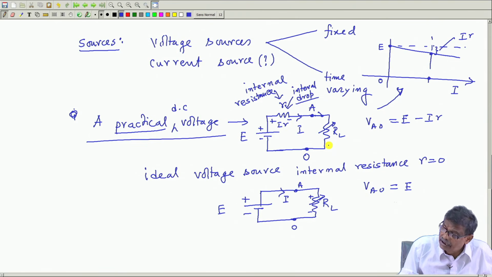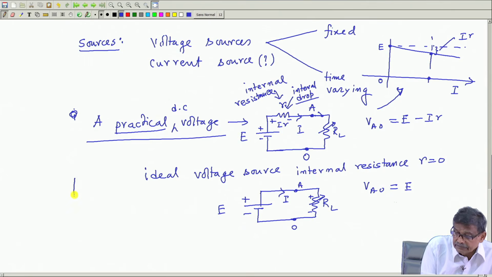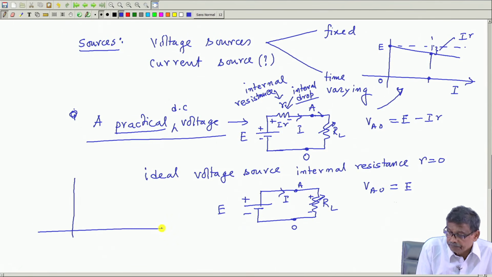What about an ideal voltage source? It will be like this. This axis is I and this axis is voltage.